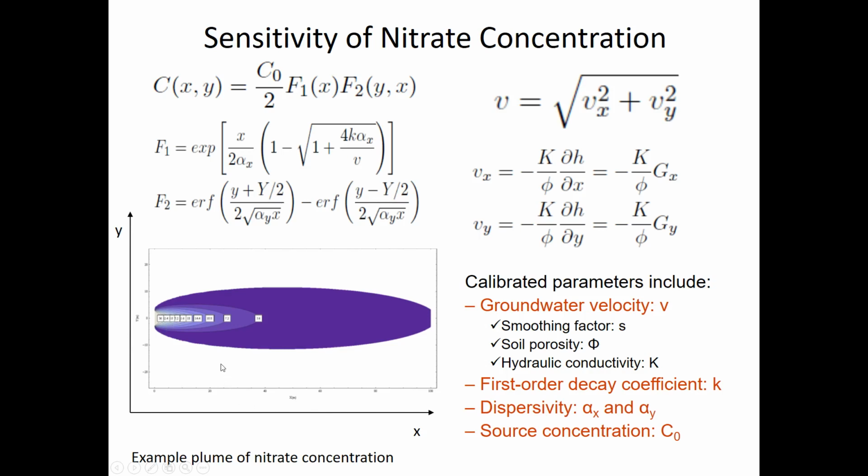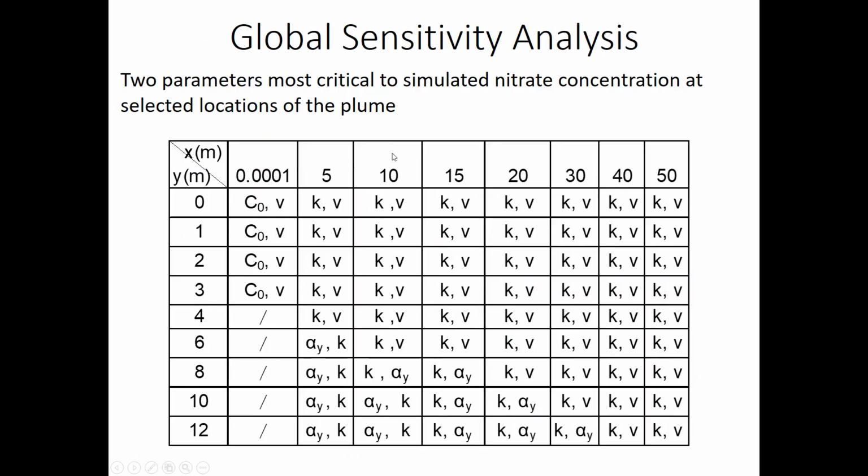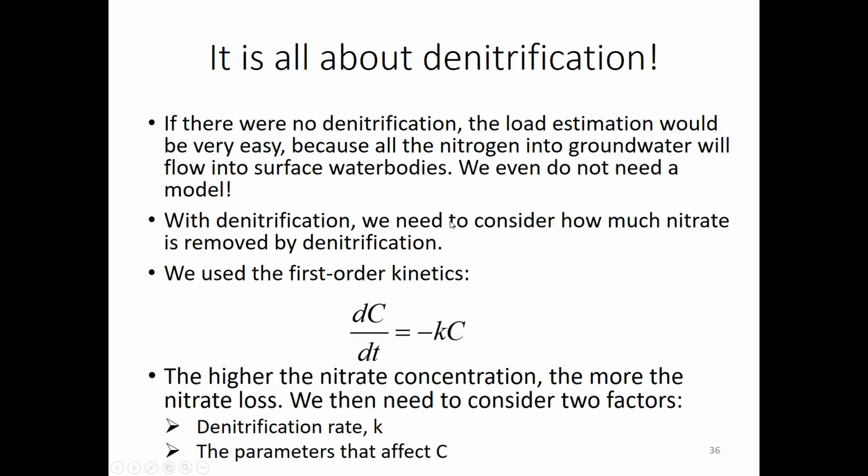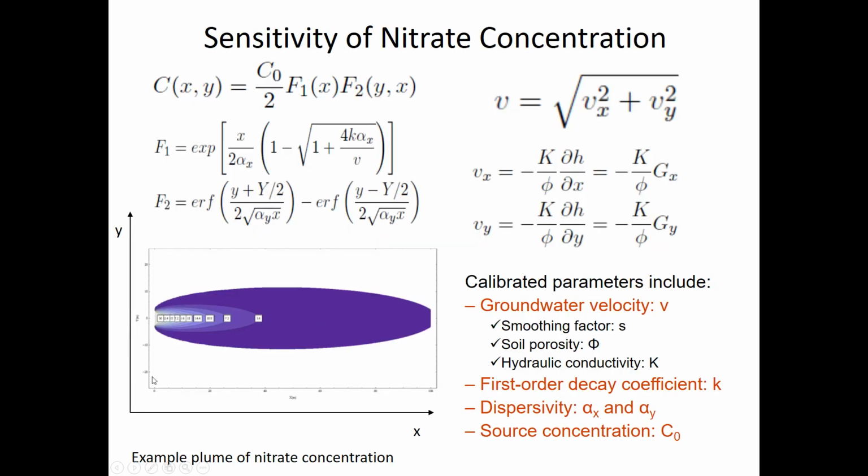So what we did is we estimate the sensitivity. We have a number of parameters here, right? And this table summarizes the two most important parameters to the nitrate concentration we simulated at different locations. For example, this row represents different x coordinates, say between 0 to 50. So x coordinates between 0 and 50 is right here.